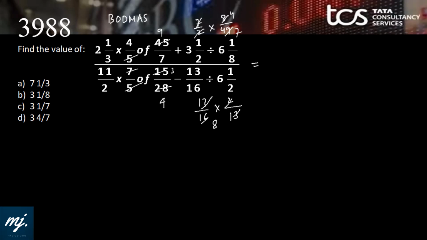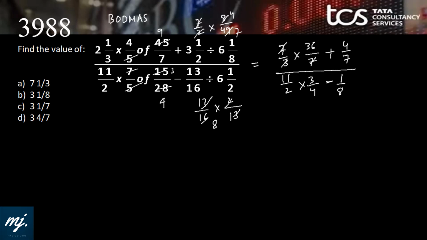So this ends up with 6 plus 1, 7 by 3 into 4 into 9, 36 by 7 plus 4 by 7 upon, this is 11 by 2 into, this goes as 3 by 4 minus, and this is 1 by 8. Let's solve this. 7 gone, this is 12.